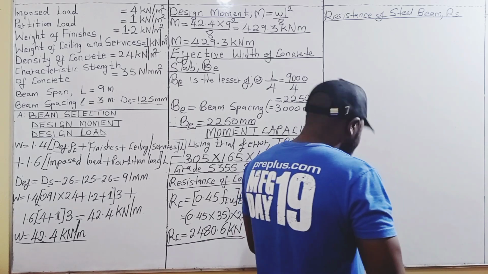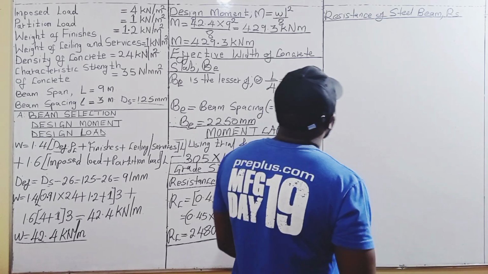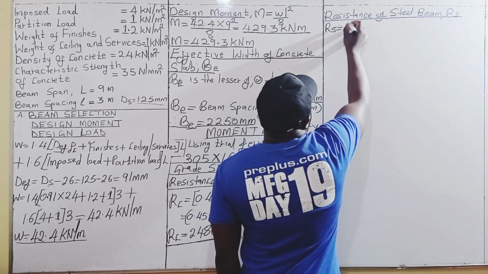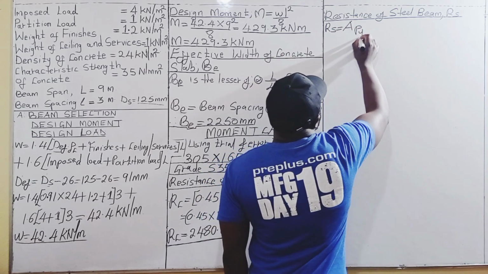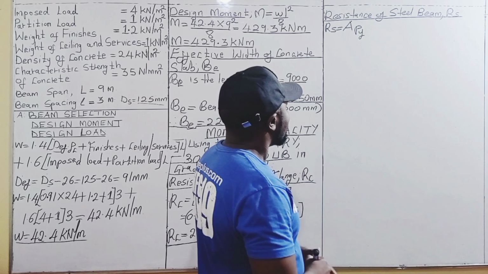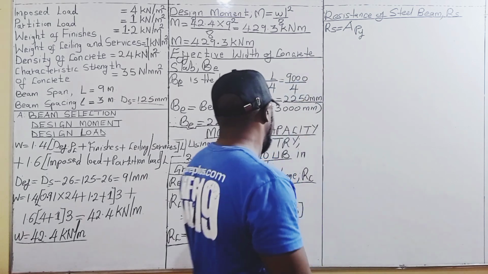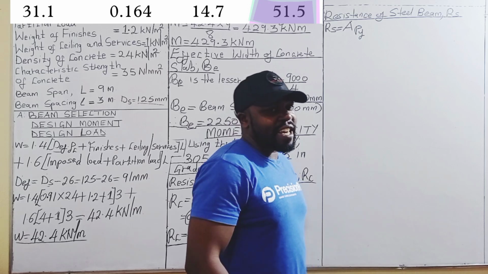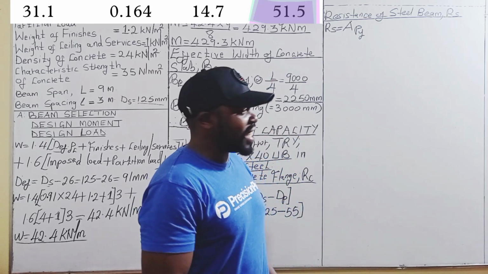In this case, RS will be given by APY, whereby A is the area of the steel section that we have selected, and PY is the design strength of steel.